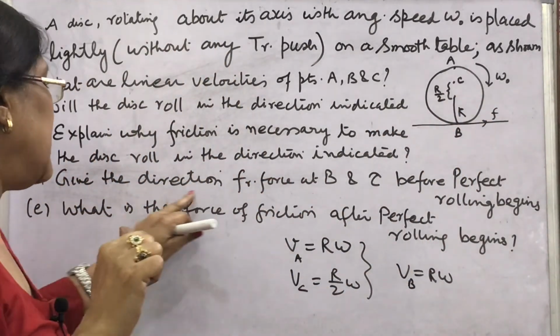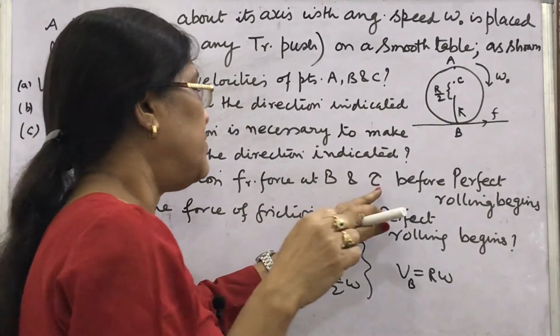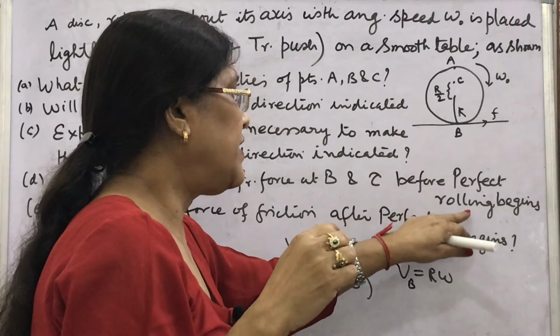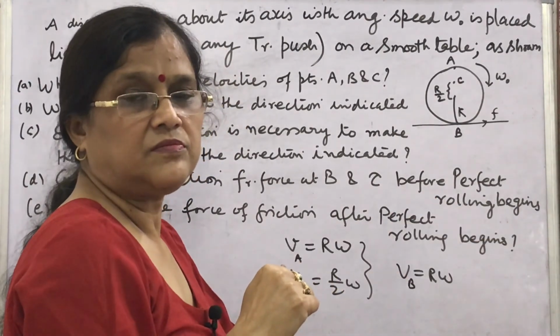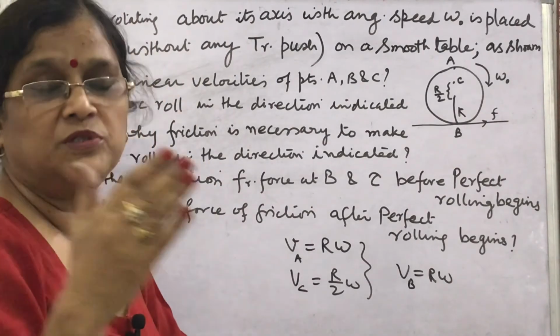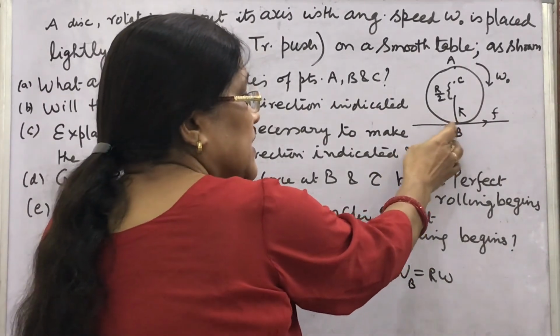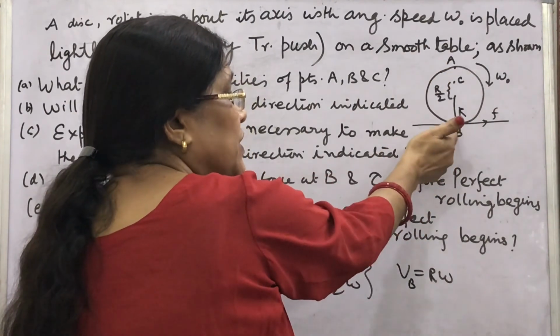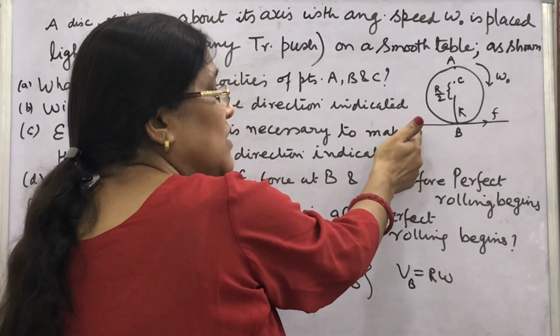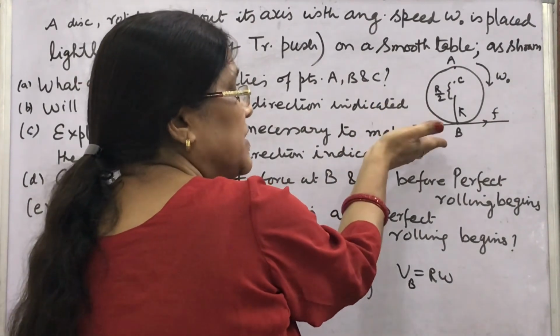Part D, give the direction of the frictional force at B and the direction of torque before perfect rolling begins. You know, friction's role is to oppose the relative motion. What is the motion at B in this direction? Due to rotation, V equals r omega in this direction. So what will be the direction of action of the frictional force?